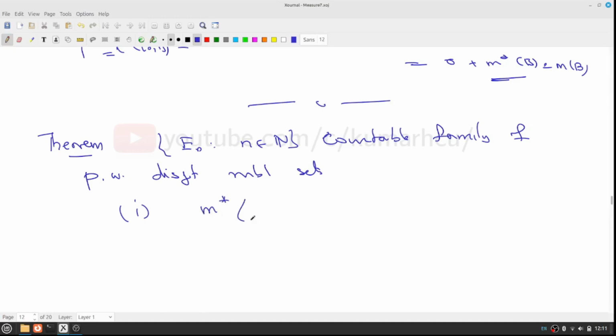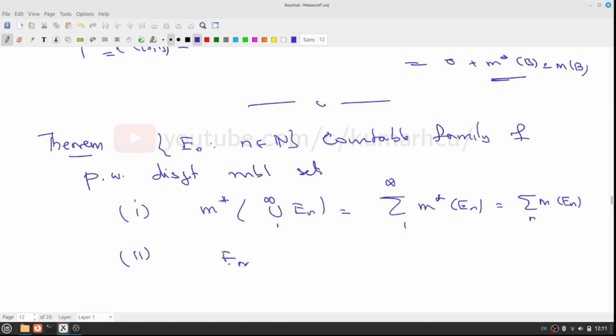One, m star of the union of En, n from 1 to infinity, is the infinite series summation of m star of En, which is equal to m of En. Two, notice that I am writing m star; I do not know whether it is measurable. So we want to claim the union En, call it E, is measurable.